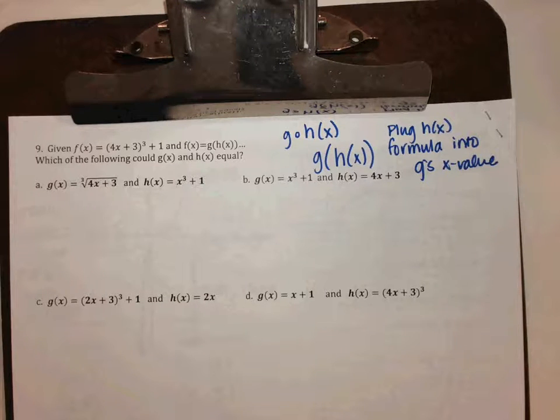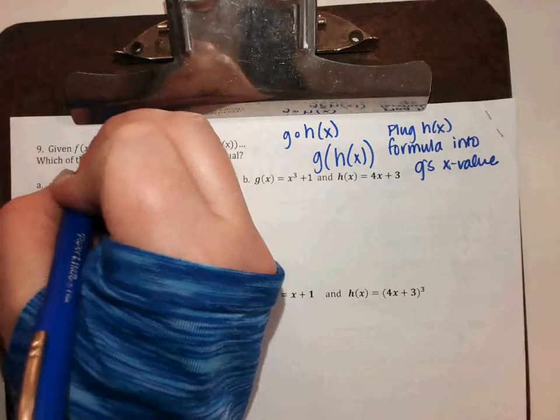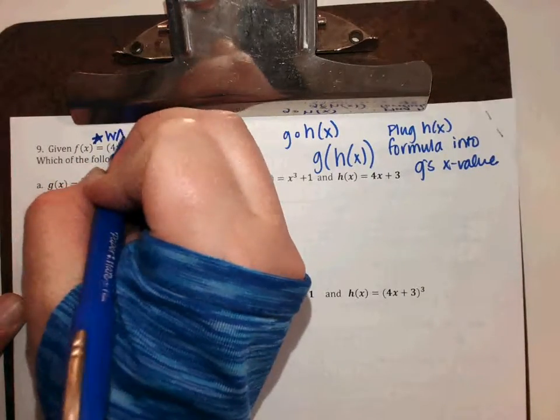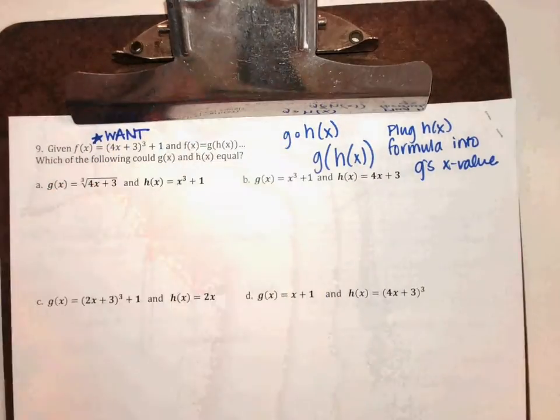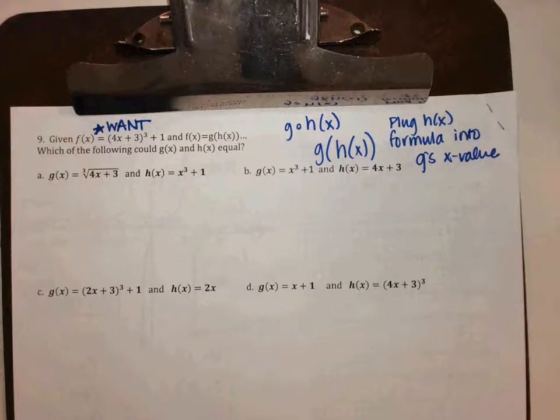So, look right here. It says that G of H of X is supposed to be F, which is this. This is the answer I want. Okay, so I'm going to put a little star next to this. This is what I want. Let's see which of these combinations will give me that.